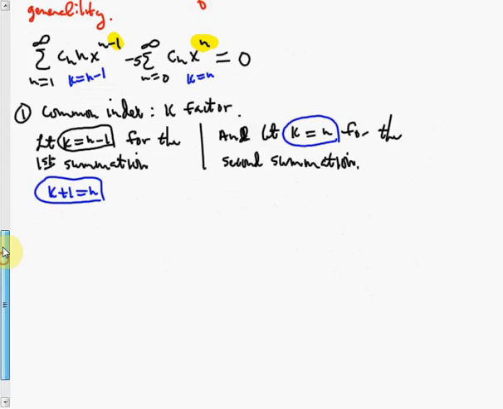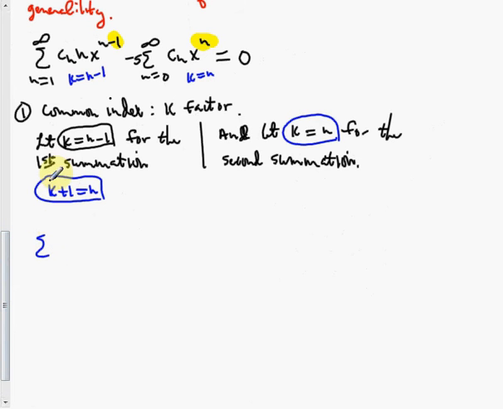So look at the summation, and I'm going to replace the n's with the k factor. So the summation, when n goes from 1 to infinity, well, if n is equal to 1, then k is equal to 1 minus 1. So k goes from 0 to infinity. This is c sub n, but n is k plus 1.